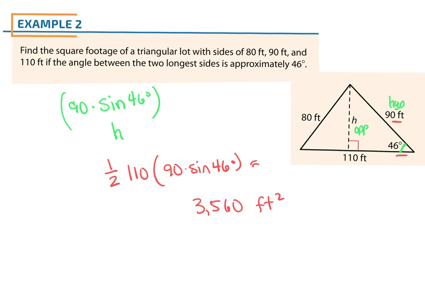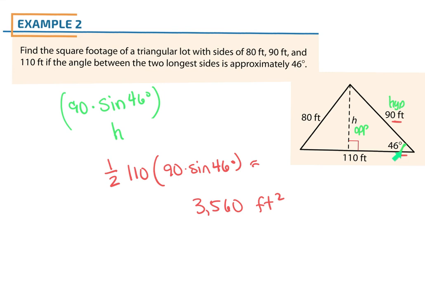If we look at what happened here, you end up having 1/2 the 2 side lengths, and the sine of the angle that was created by the 2 side lengths. And that's where you get that formula.